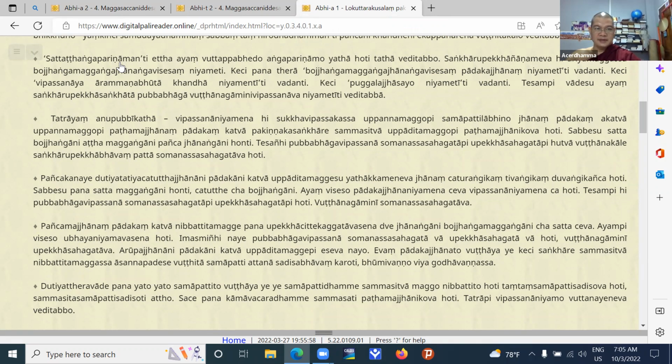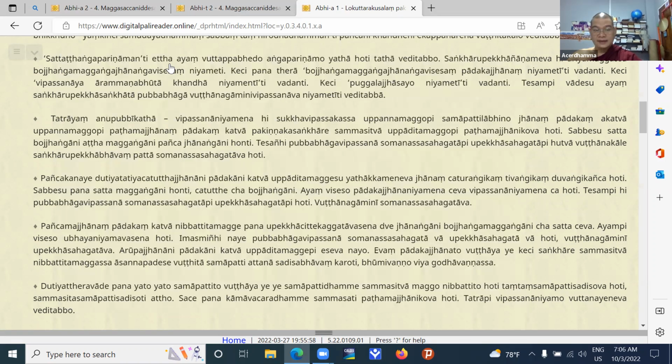Here, sattatthanga parinama. The magga here has 7 factors or 8 factors. Sattatthanga parinama, fixing the factors, 7 and 8, here.